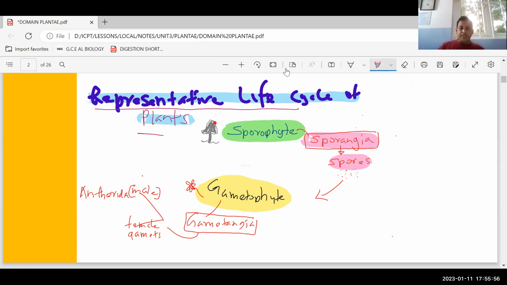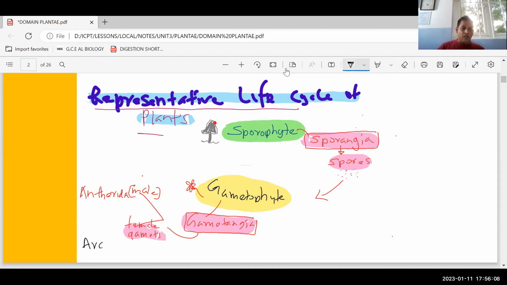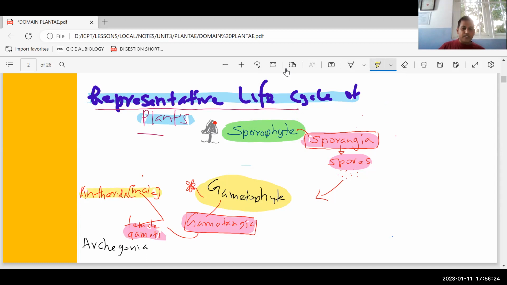That one has gametangia, and it produces female gametes and male gametes. The male structure is called antheridia, and the female part is called archegonia. Antheridia and archegonia are the gamete producing structures of the male and female. Antheridia is the male one, archegonia is the female one.